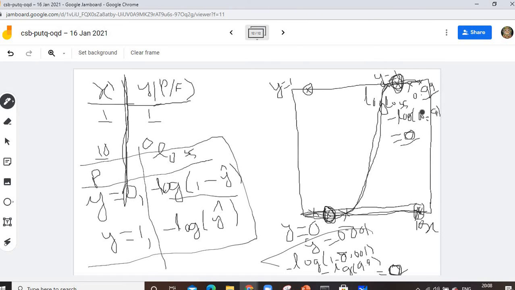I am not subtracting from 1, it is directly 0.99. So 0.99 means it is almost exactly 1, so it will tend to 0, log of 1 is 0. That is what I am trying to tell you. In this case also it is tending to 0.